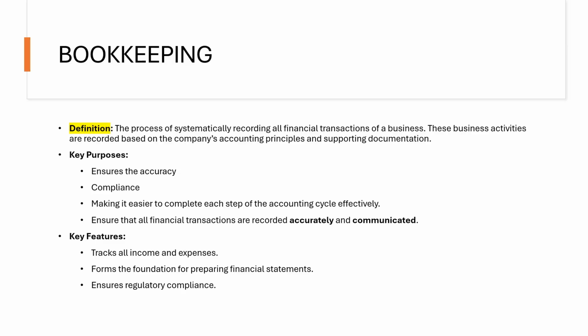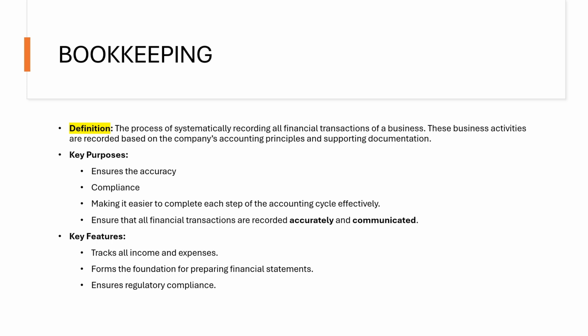The first basic topic: bookkeeping. Bookkeeping is the foundation of accounting. It refers to the systematic process of recording all financial transactions, income, spending, revenue, and other related financial obligations.